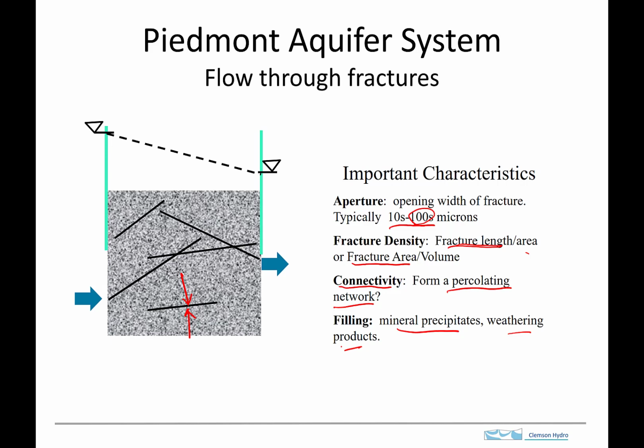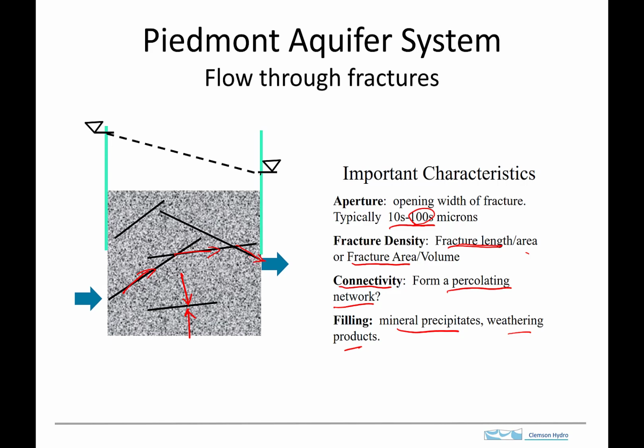So in general, what we're showing here over on the left-hand side is that there's a hydraulic head gradient from high head to low head going from left to right. That's causing flow. And as we see in this example, we would expect that the flow would be along this fracture system here.